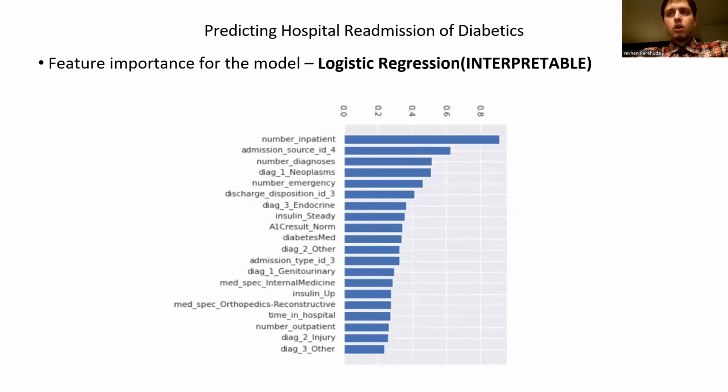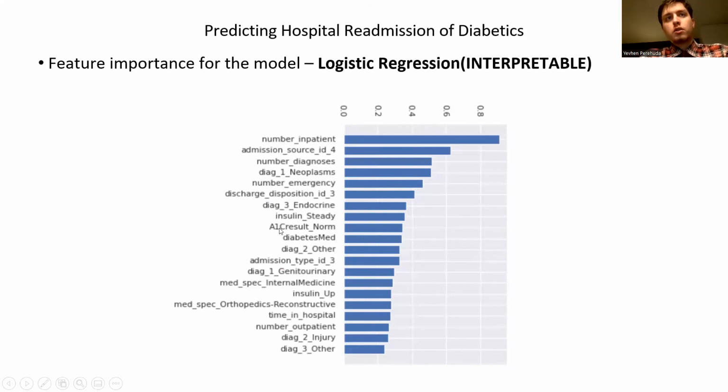And of course, we checked our feature importance. As we remember, we have three best models: logistic regression, decision trees, and random forest. But let's check which features are considered the most important. For logistic regression, it was the number of inpatient visits, admission source, in case it has a value, diagnosis neoplasms, and others.